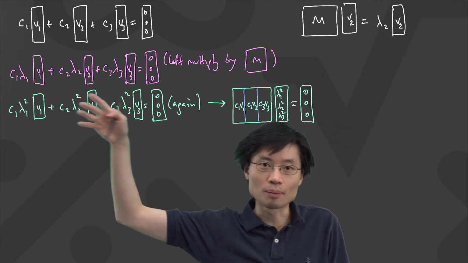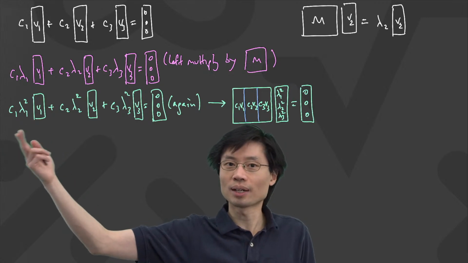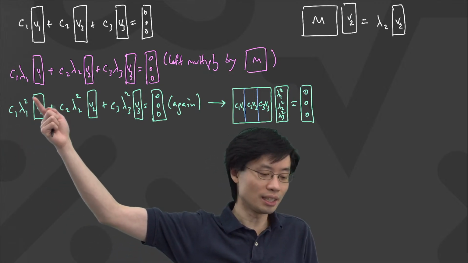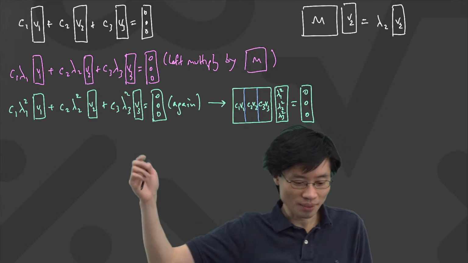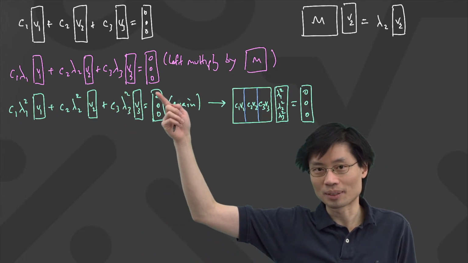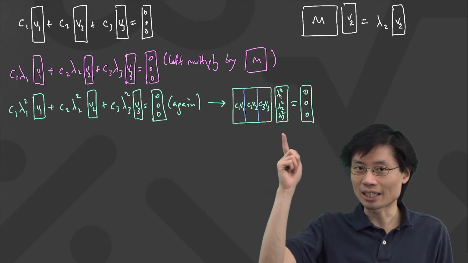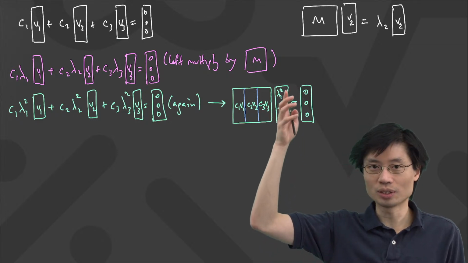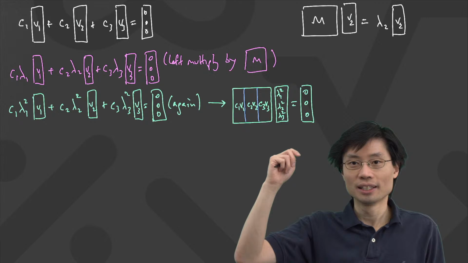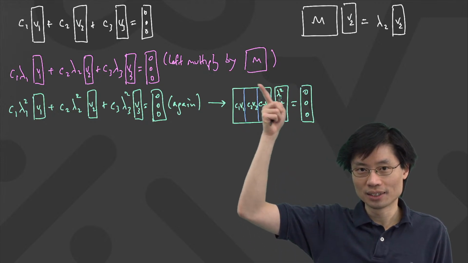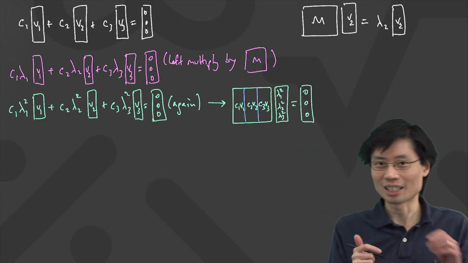The top element of the left side is just going to be c1 lambda 1 squared times the top thing in v1, plus c2 lambda 2 squared times the top thing in v2, plus c3 lambda 3 squared times the top thing in v3. That's exactly what this is doing, because if you do the matrix product, you grab this guy and put it across the top, and you get lambda 1 squared times c1 times the top thing in v1. Did that sort of make sense?